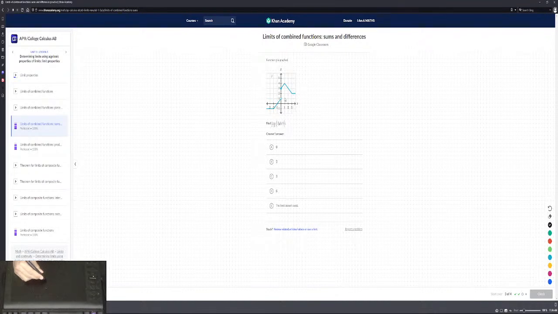For this one, the limit doesn't exist because there's a jump discontinuity.